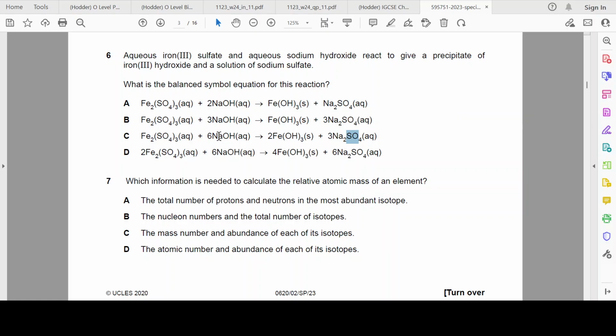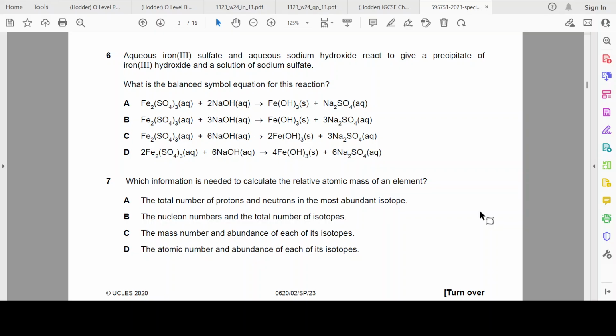Then you've got 6 of the OH, OH times 3 and then times 2, so 2 times 3 is 6. And you've got 2 of the Fe here and 2 of the Fe here. So it's balanced. You were quick on that, good job.